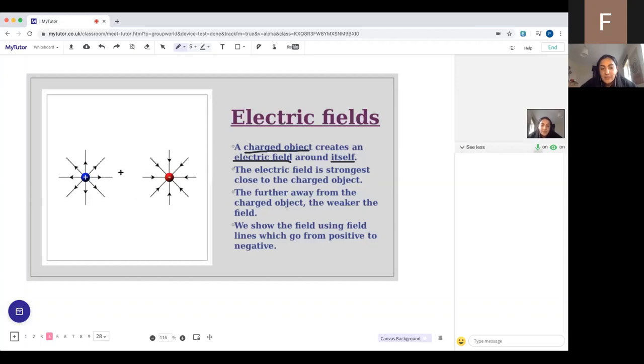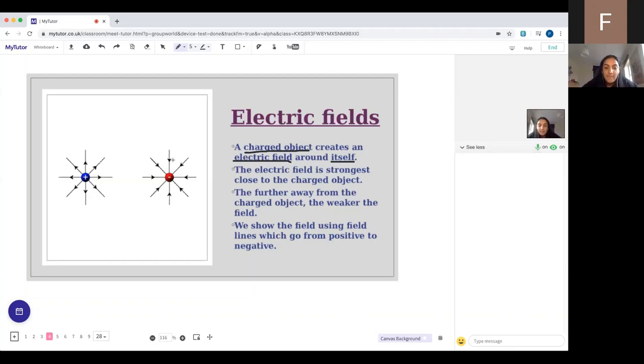So by drawing lines going outwards, we have them closer together close to the charge and far apart when far away from it. That's one important feature of electric field lines: stronger is closer.